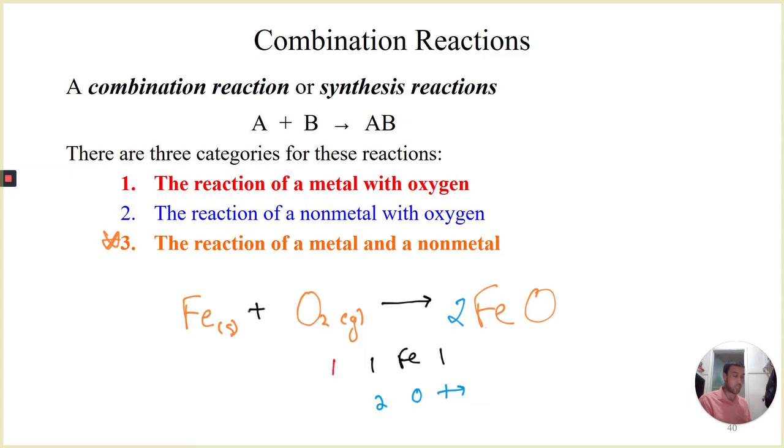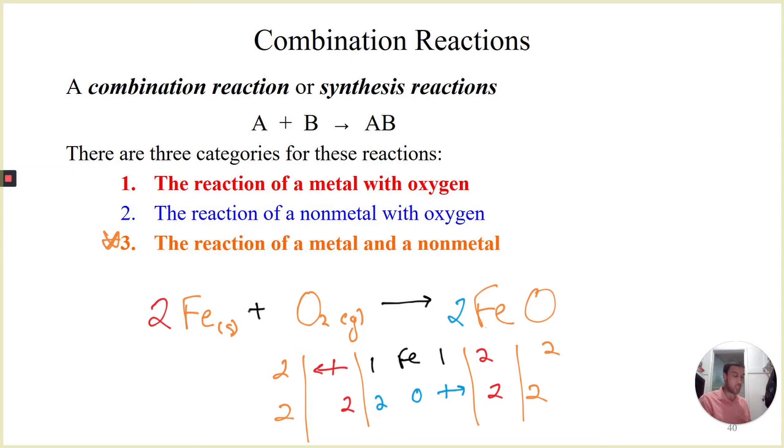Iron was 1 and 2, so that needs to become a 2. Oxygen is 2 and 2, so the oxygen's balanced. Again, I changed a coefficient, so I should check again. 2 and 2, 2 and 2, and it would now be balanced, with each of those stages of my work being shown there.